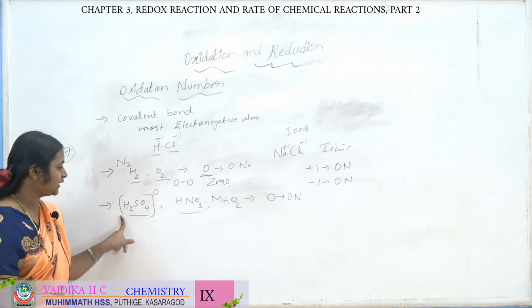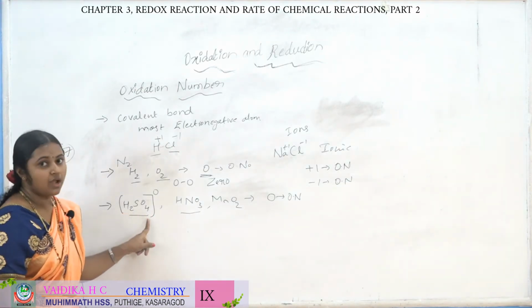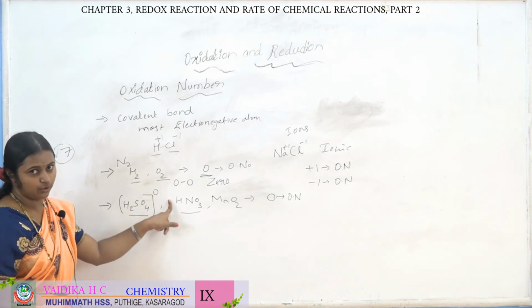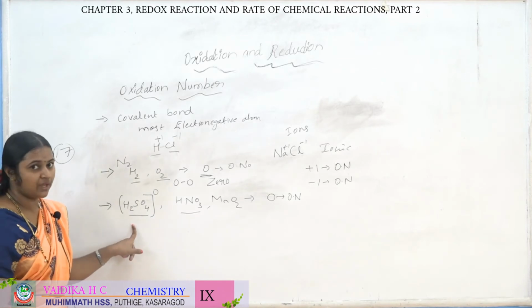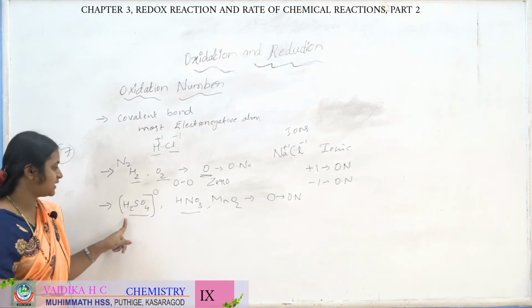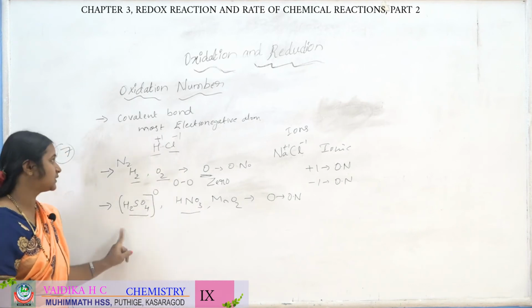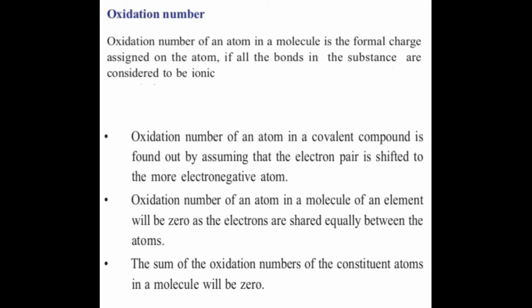The sum of the oxidation numbers of the constituent atoms present in a compound will be 0. This is the third rule of oxidation number. Let us see one by one.